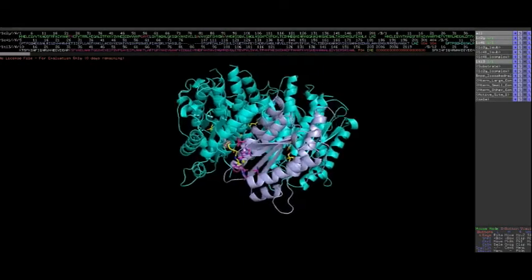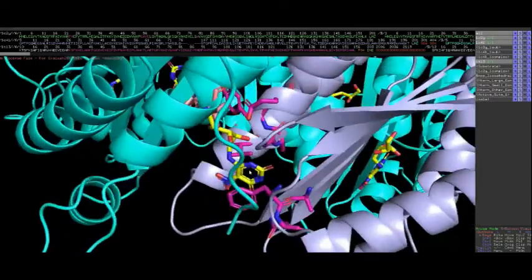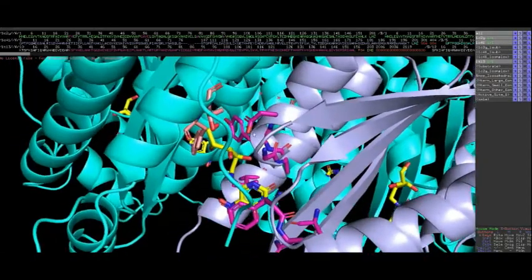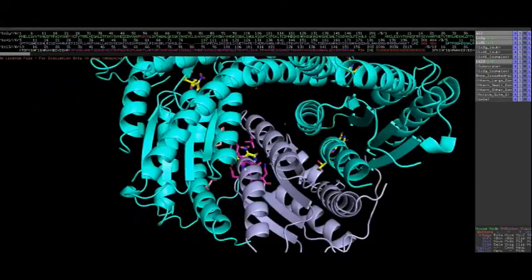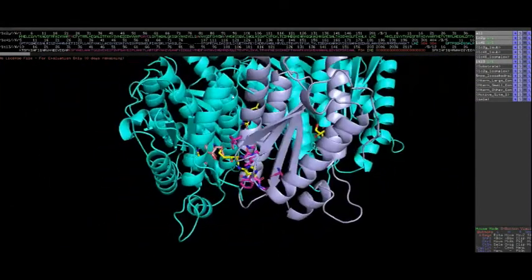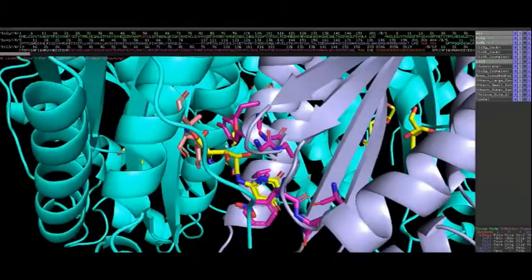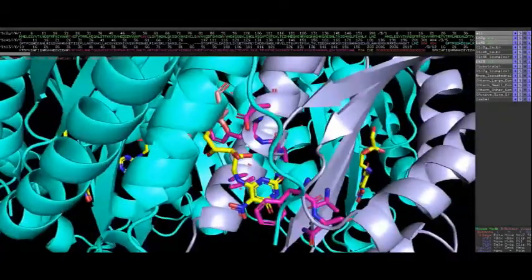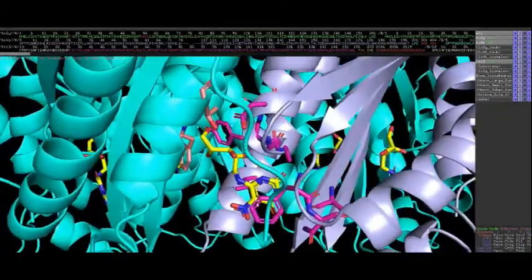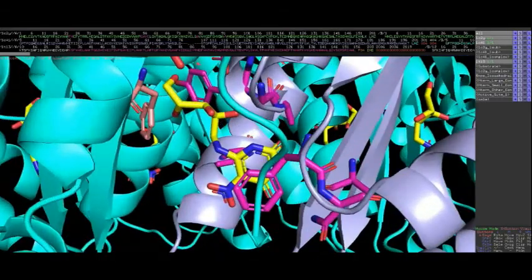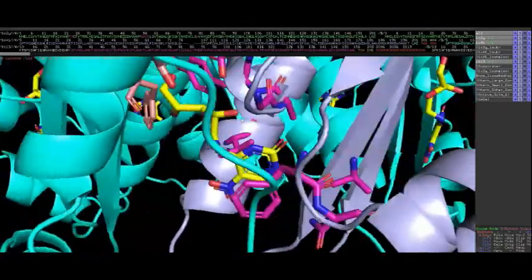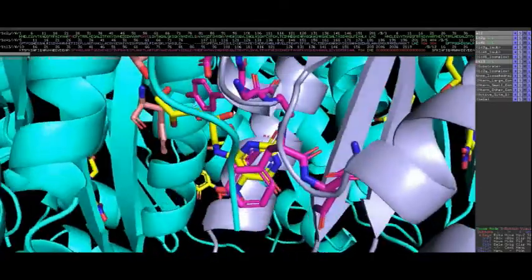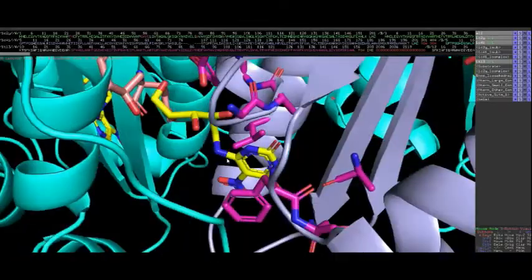And before I get too far into that structural stuff, let's just look at the active site here, which is actually between two of the monomers. So residues are coming in from two different monomers. And we see this structure here, which is actually an analog for the substrate.